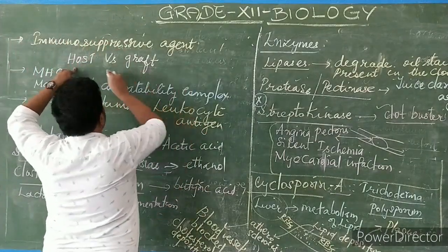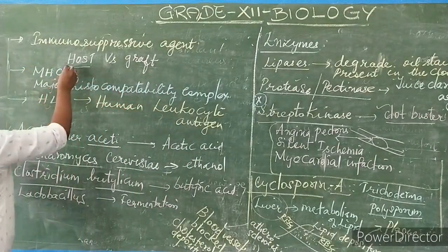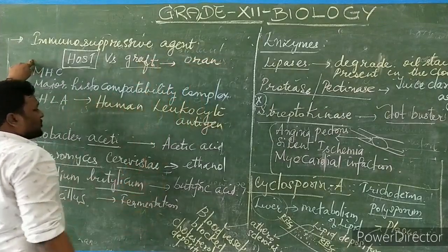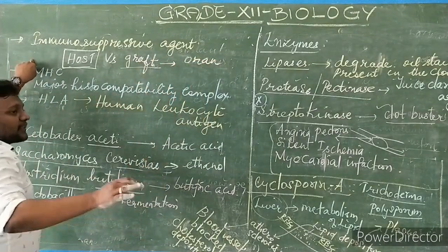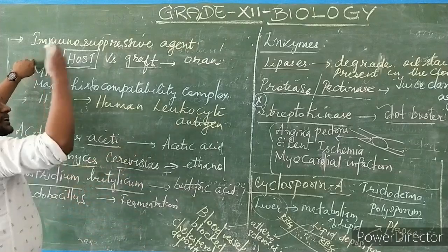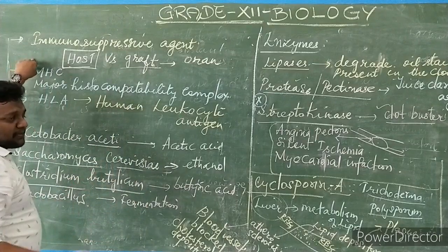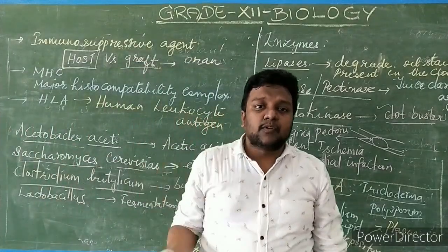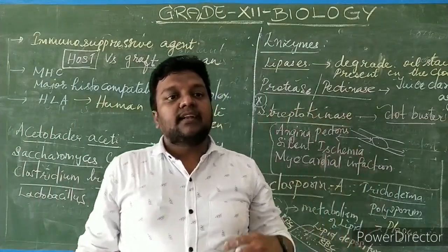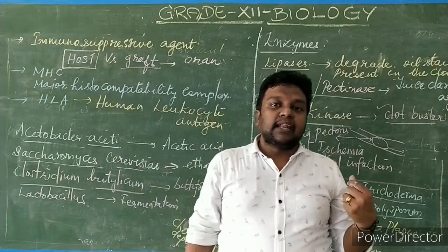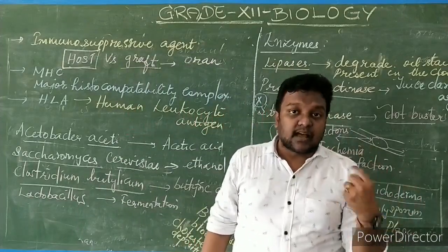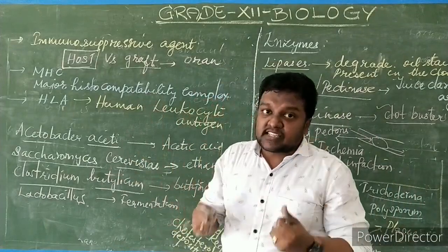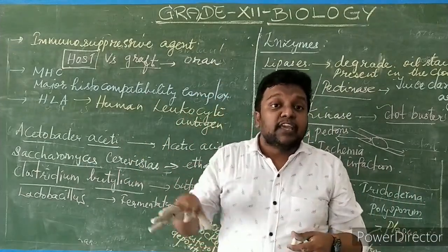See, if I am a host, I need a graft or otherwise an organ transplant. What does graft mean? Say for example the skin gets burned, so they take skin from my hand and transplant it at that place, or take skin from another organism or a family member with the same blood group, to avoid mismatching and graft rejection, by plastic surgery. When they do that, the immune system should be suppressed. It should not be immunocompetent.